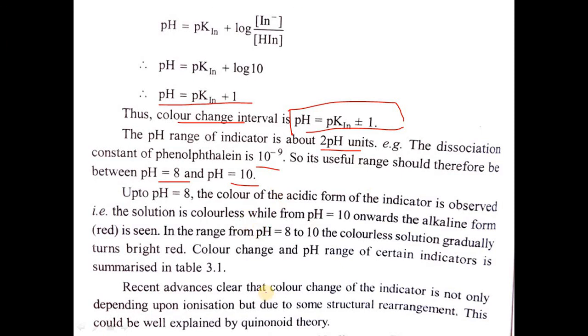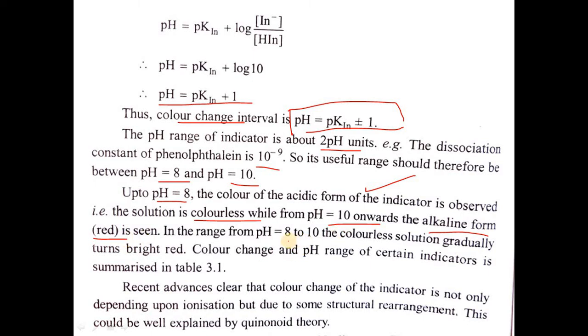So up to pH 8, the color of the acidic form of the indicator is observed and the solution is colorless, while from pH 10 onwards, that is from the alkaline form, it shows red color.